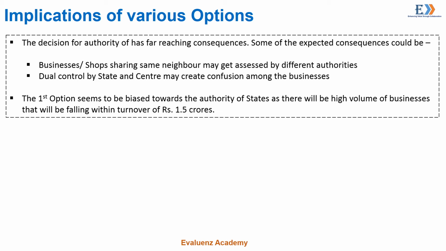Possible. And dual control by state and center, which may be a simultaneous control, can create a lot of confusion among the businesses. So the first option seems to be biased towards the authority of the states, as there will be high volumes or numbers of businesses that will be falling within turnover of rupees 1.5 crores.